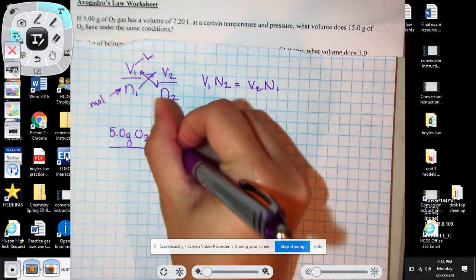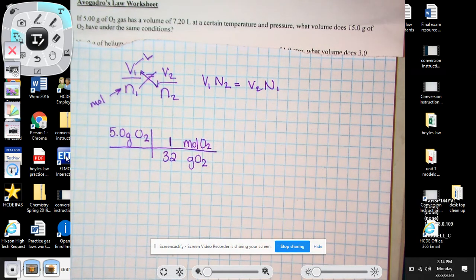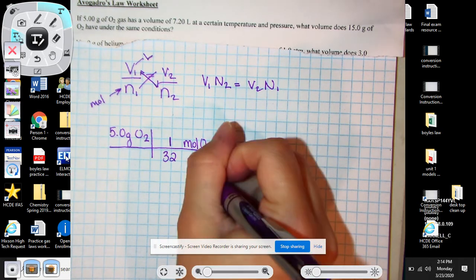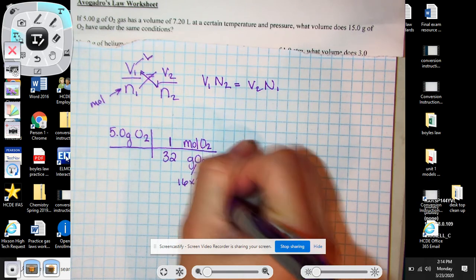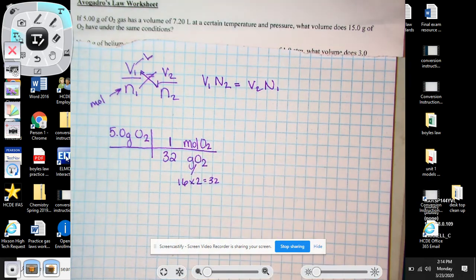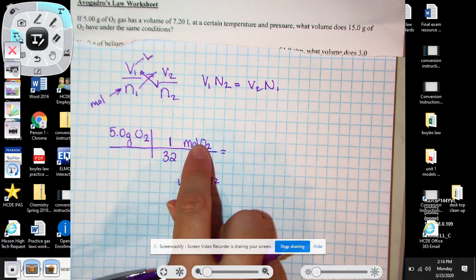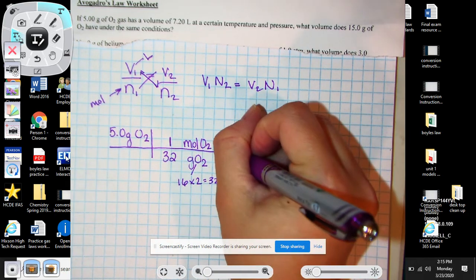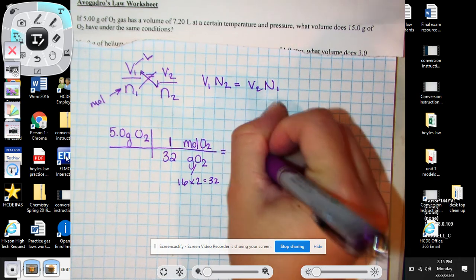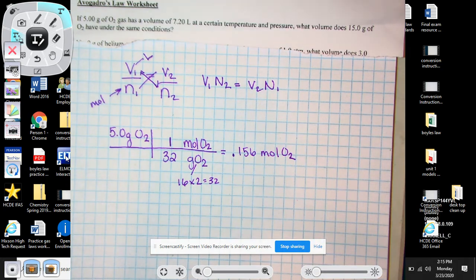For every 1 mole of O2 is 32 grams of O2. Now, I got 32 grams of O2 because I did the mass number, which is 16, times the number I have, and that's how I got to 32. Okay, from here, I'm going to multiply 5 times 1 divided by 32, and that should give me 0.156 moles of O2. I just did that in the calculator.